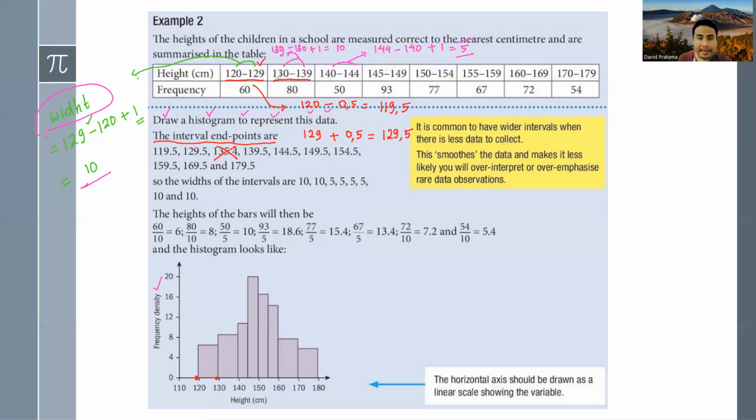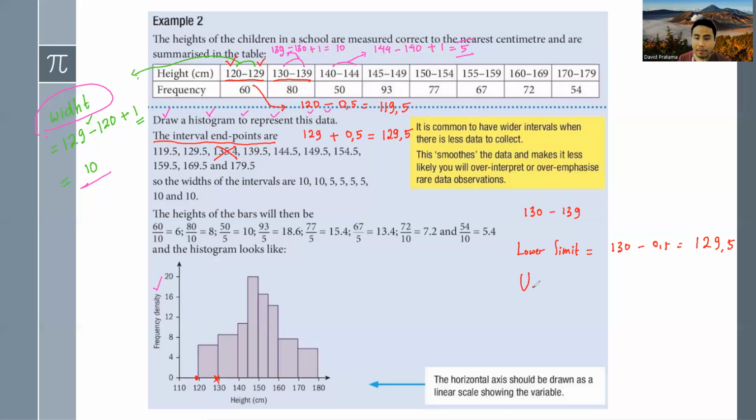Next, 130 to 139. Lower limit: 130 minus 0.5 is 129.5. Same as the upper boundary of the first class.